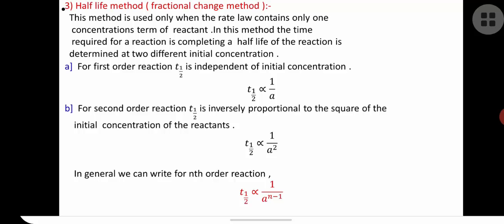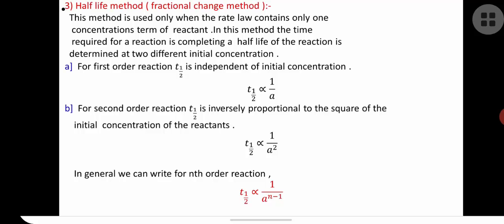That is, t half is proportional to 1/a^0. Second, for second order reaction, t half is inversely proportional to the initial concentration of the reactant. That is, t half is directly proportional to 1/a.